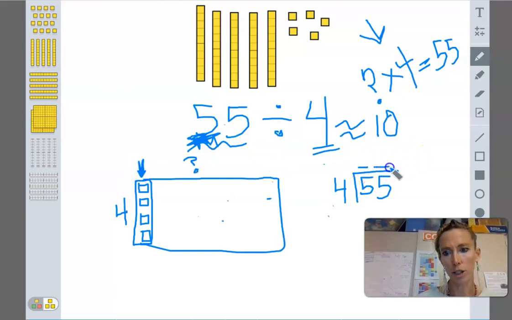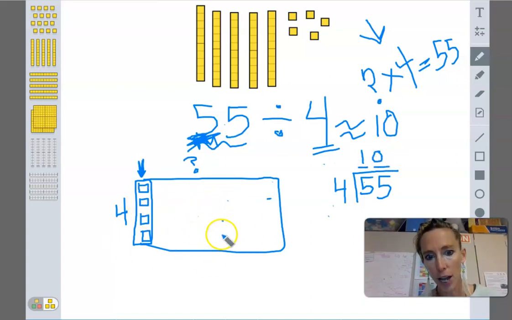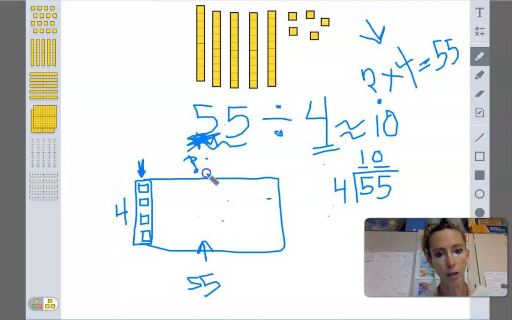So this is a 2-digit number. If I go to this first digit, that's a tens number. So what do we think? Are we going to be able to get 10 groups of 4? Like, do we have enough candy for that? Yeah, we do, because we have 55. So I say, yeah, I could do 10 groups of 4.